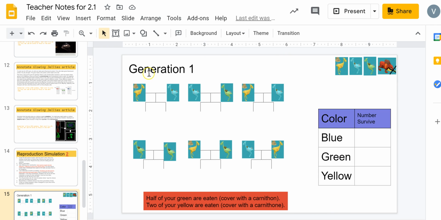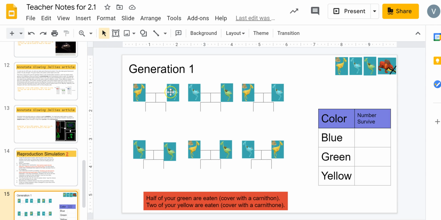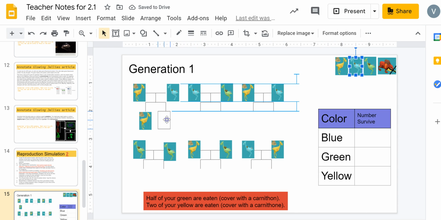Now that you have all of yours filled in, and yes, yours will look different than mine because you used the random clicker, okay? We now need to go back and give these offspring. So it says for each parent couple, take 2 offspring, 1 of each of the parent colors. So this means I have a yellow and a blue, so I'm going to have also a yellow child and a blue child.